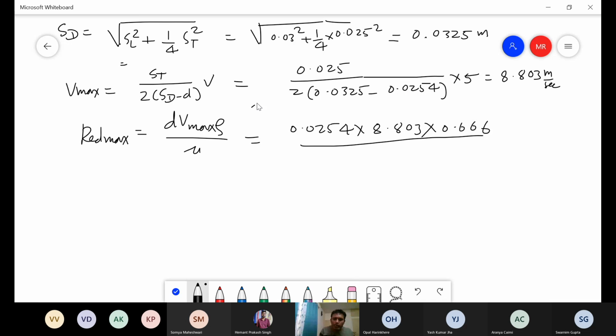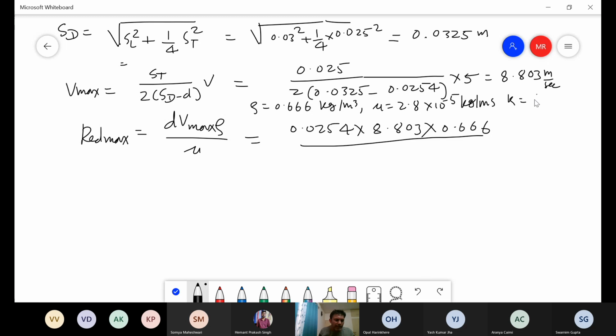So I will just write down the values. Rho is given as 0.666 kg per meter cube. Mu is 2.8 into 10 raised to power minus 5 kg per meter second.